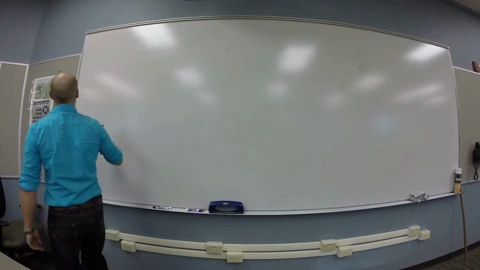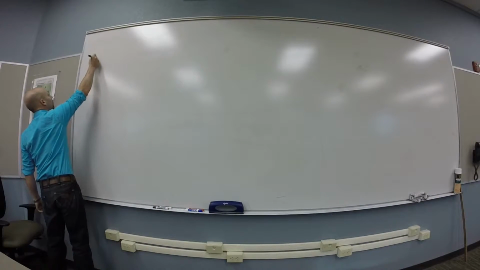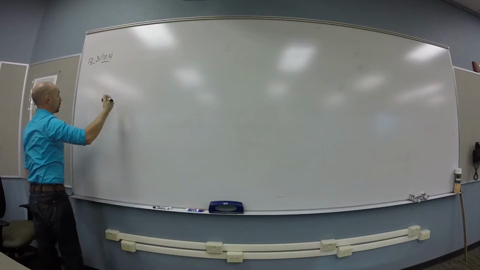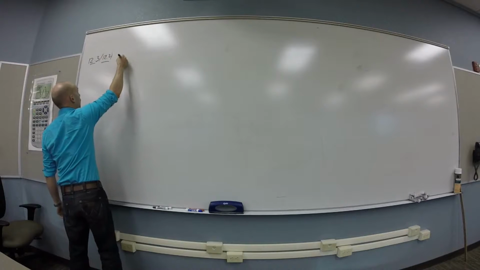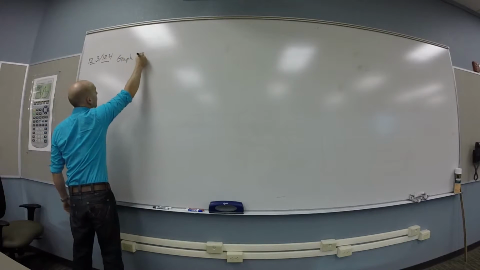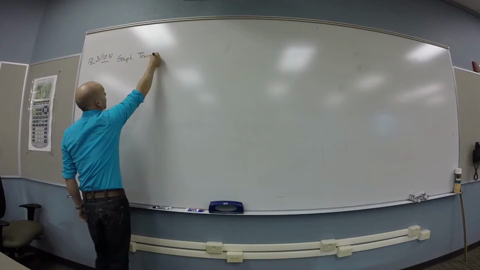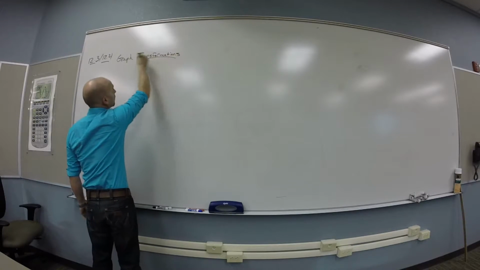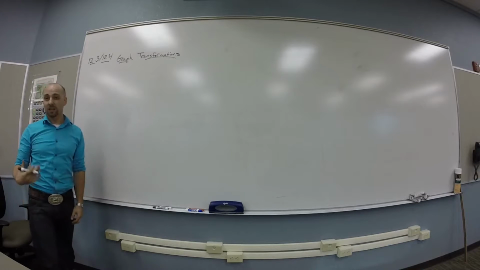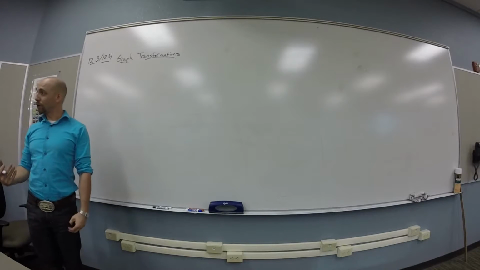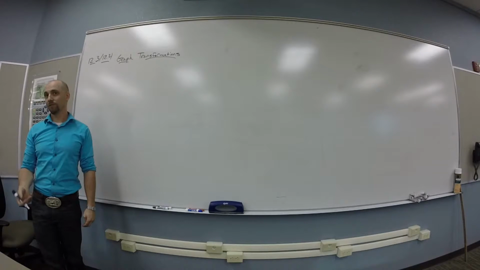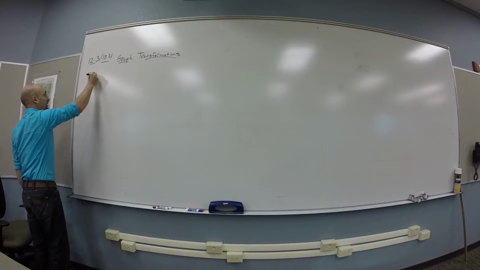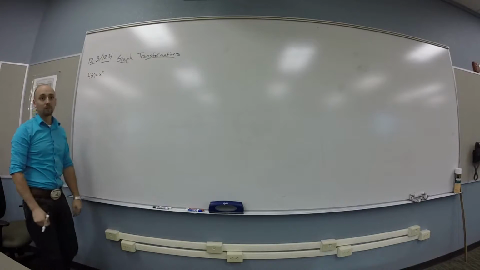Okay, so I want to cover 12.3 and 12.4, which together are roughly this thing called graph transformation. The idea on these is roughly, I have a function that I know the graph of, like maybe f of x is x squared.